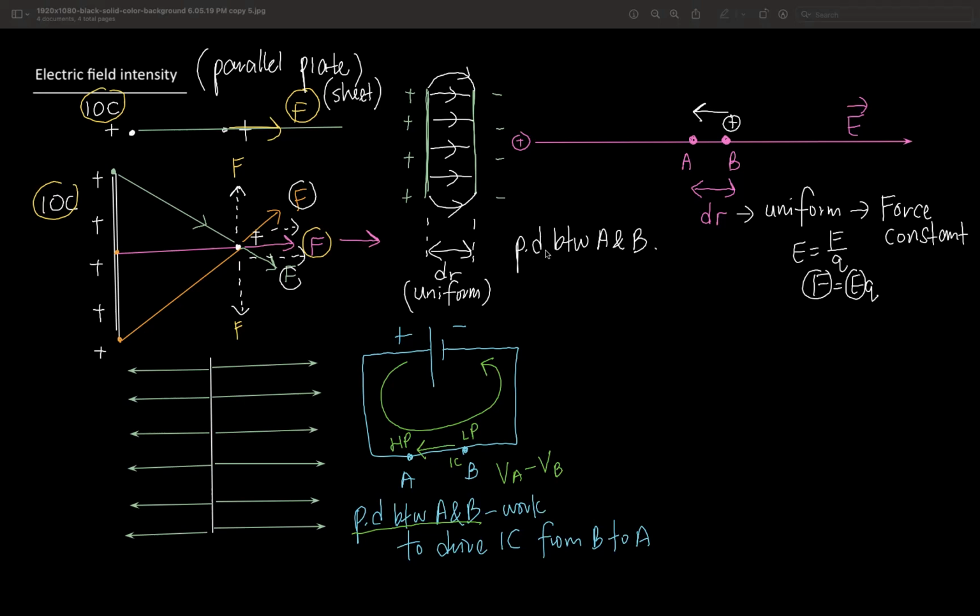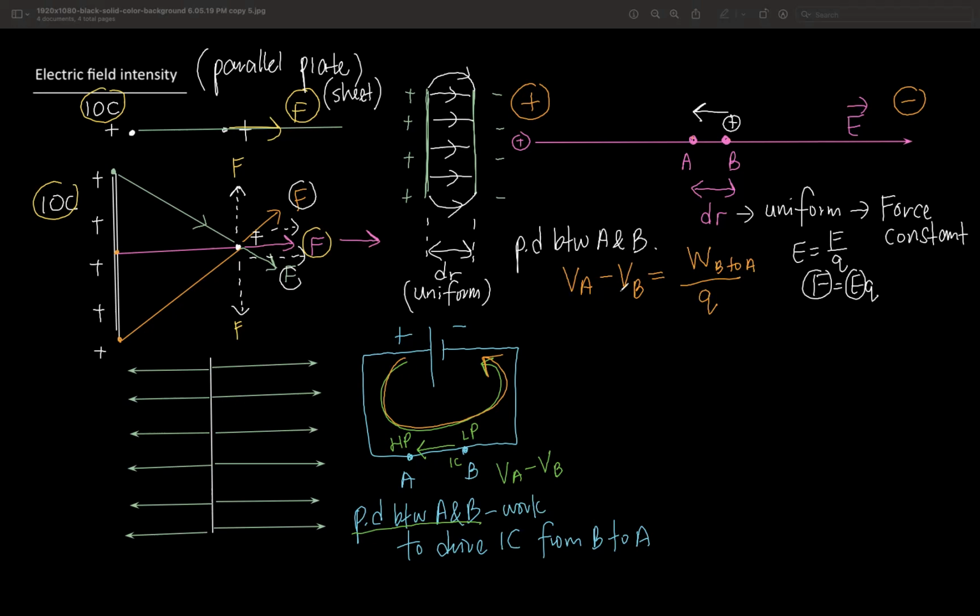You can think of this as positive and this as negative, just like our circuit going from positive to negative. So the potential difference between AB, VA minus VB, equals the work done to drive the charge from B to A, divided by the unit charge, so we divide by Q.